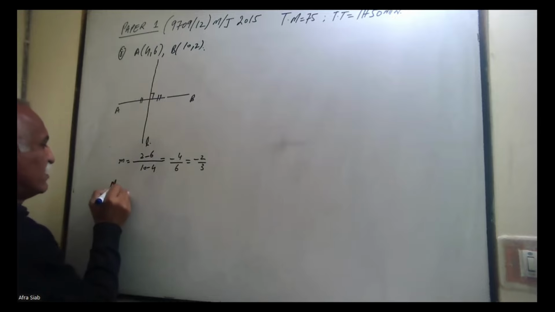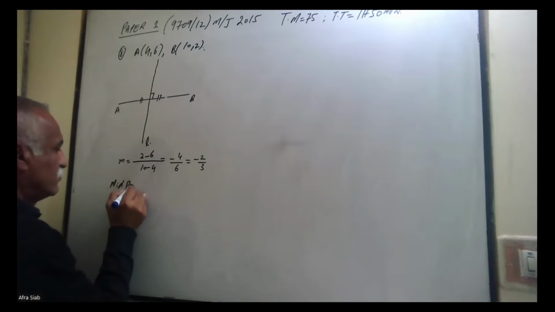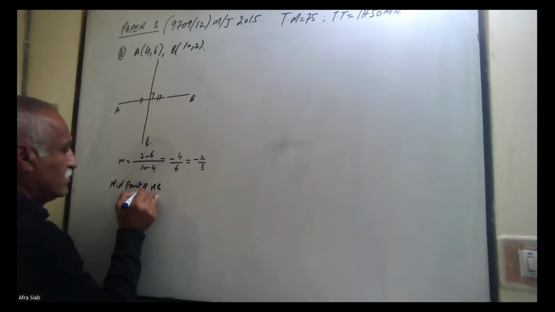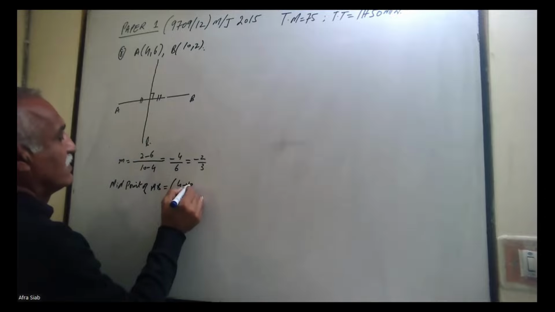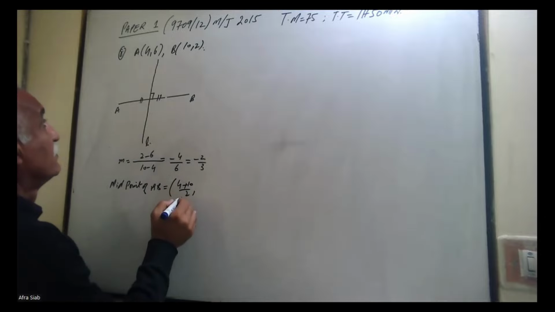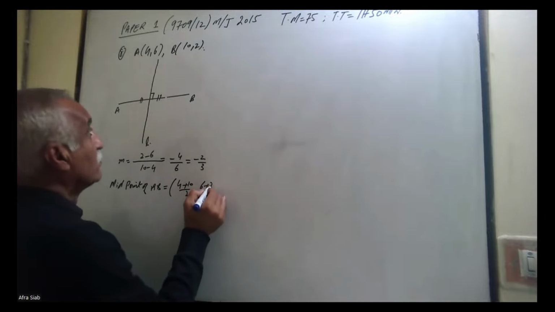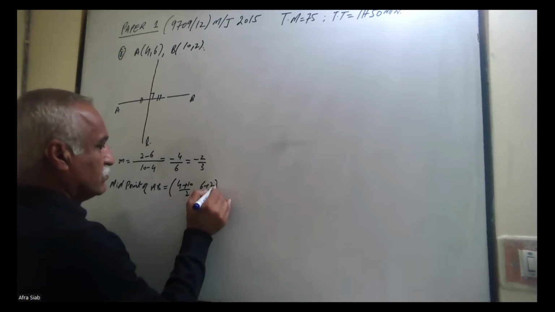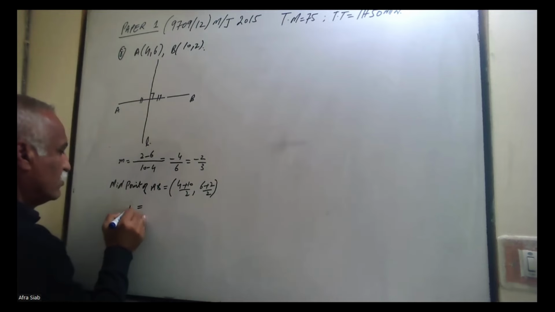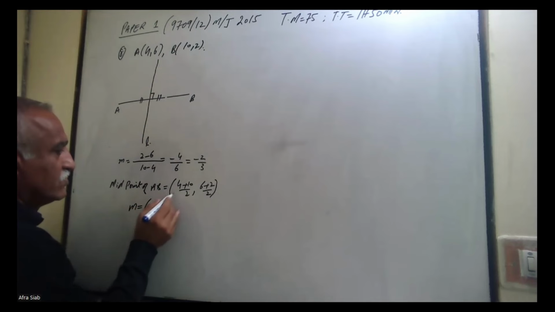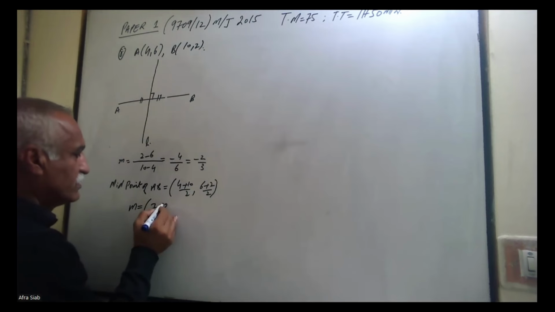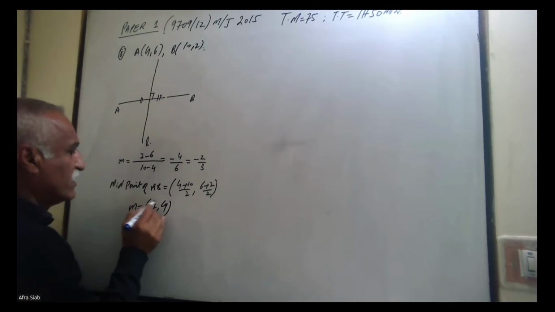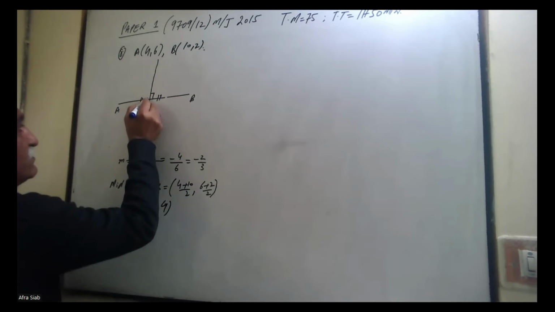And the midpoint of AB is basically equal to 4 plus 10 over 2 and 6 plus 2 over 2. So the midpoint is 14 over 2 which is 7, and 6 plus 2, 8 over 2 is 4. So the midpoint is 7 and 4 there.